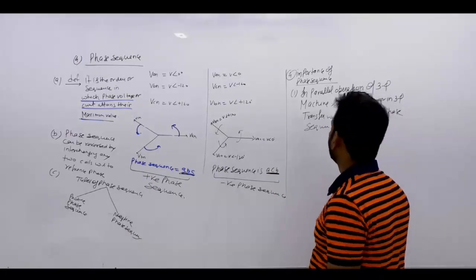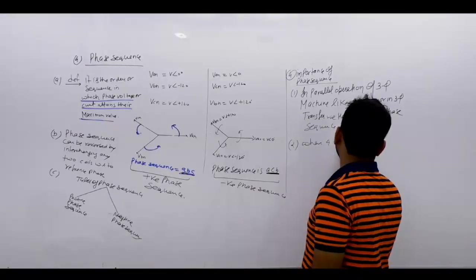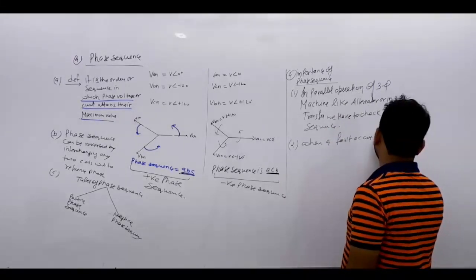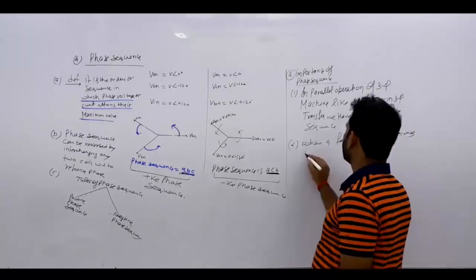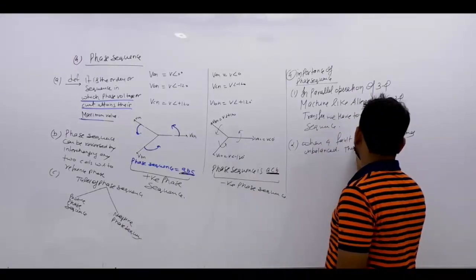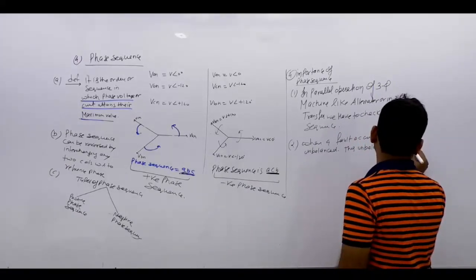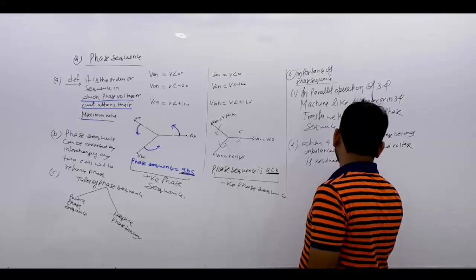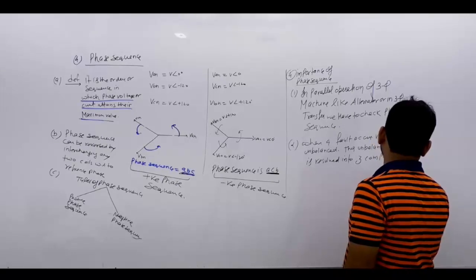Okay, now the next importance: when a fault occurs, the voltage becomes unbalanced. This unbalanced voltage is resolved into three components. What are they?